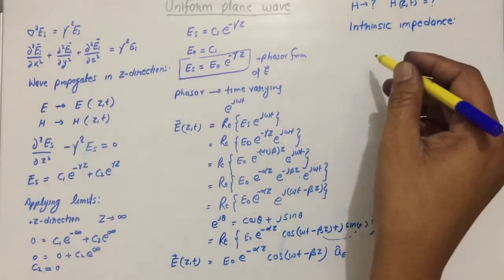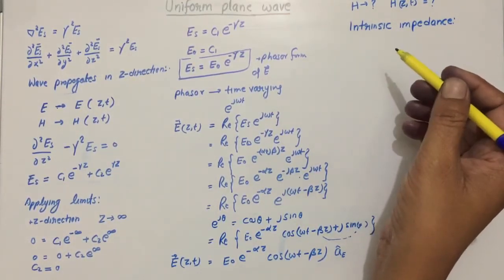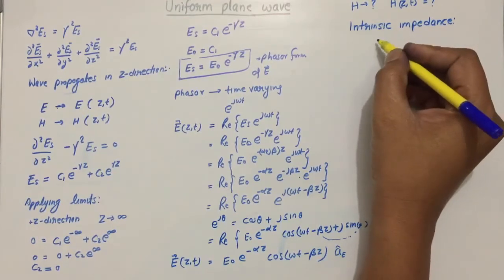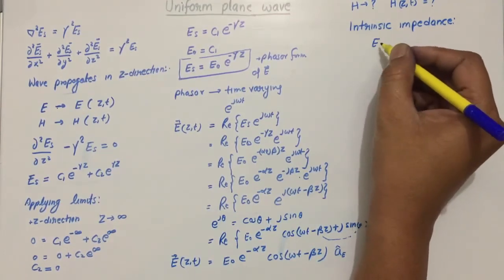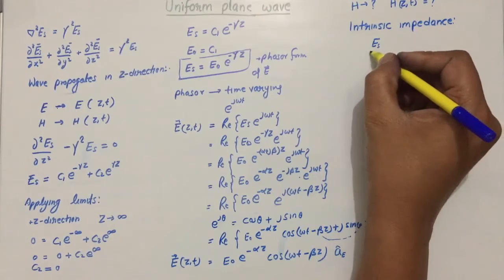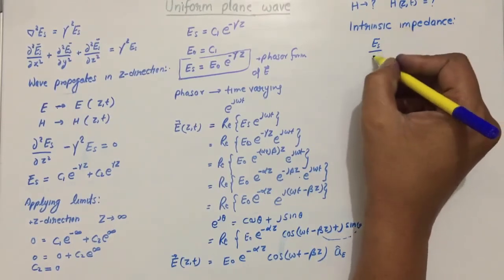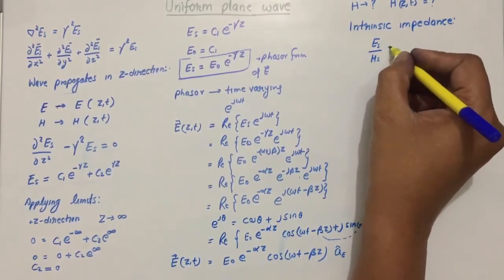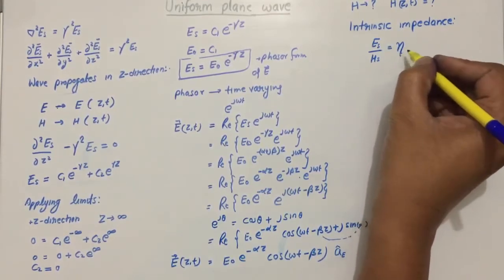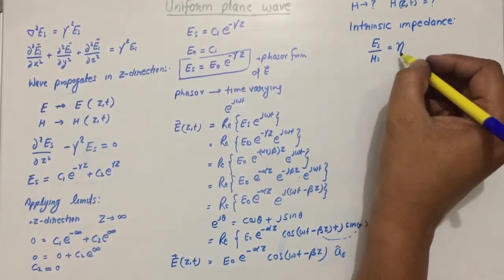Now intrinsic impedance is defined as the ratio of the electric field and the magnetic field in phasor form. This is intrinsic impedance, that is indicated by zeta.